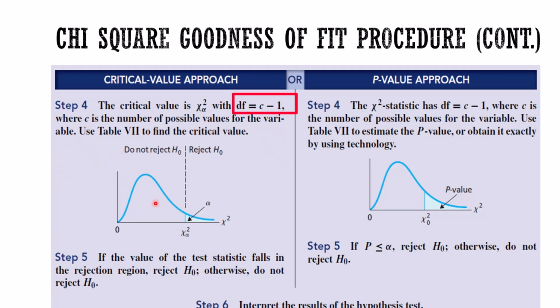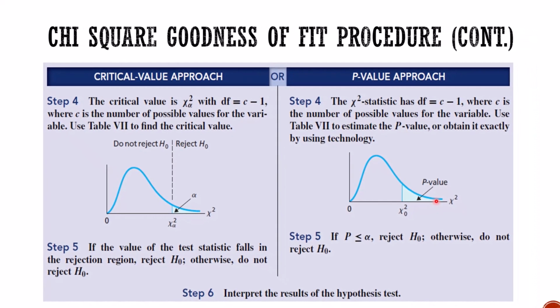If we are using the p-value approach, again, you have to draw your chi-squared curve, and then show where your test statistic value falls on the curve, and then find the area to the right of that value to obtain the p-value. All right. And then for the critical value, if your test statistic value falls in the reject region, you reject the null hypothesis, otherwise you don't.